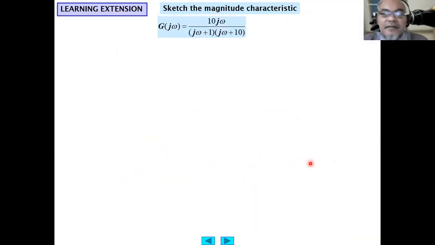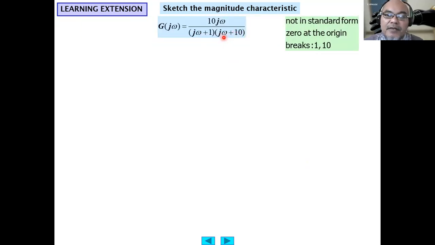Okay, another example. The transfer characteristic is equal to 10 j omega divided by (j omega plus 1) divided by (j omega plus 10). Here we know that the break frequency is at 1 radian per second as well as 10 radian per second.